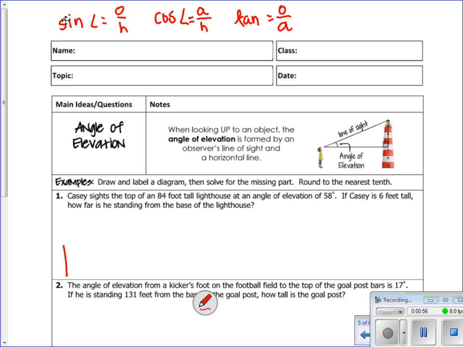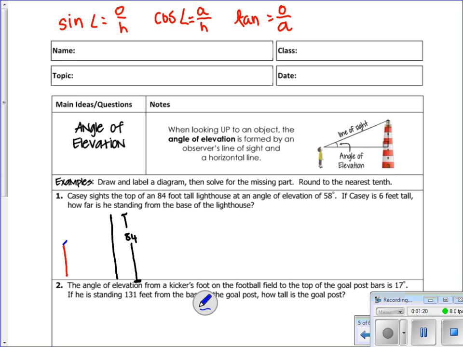That's the kid. Here's a lighthouse. Now, the lighthouse is 84 feet tall. So from here all the way to the bottom, we have 84 feet. There's this angle that's created.